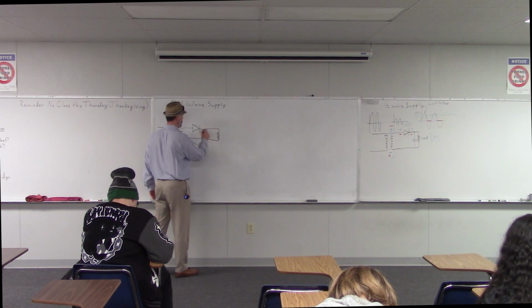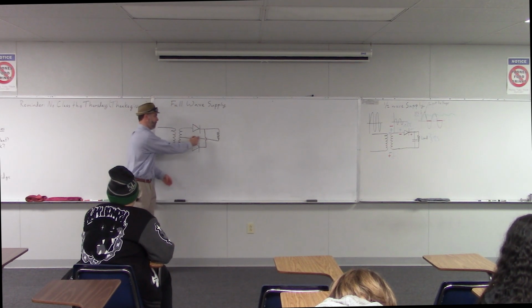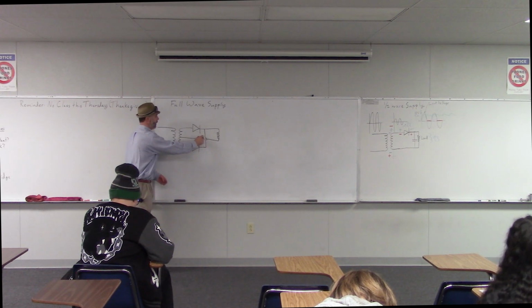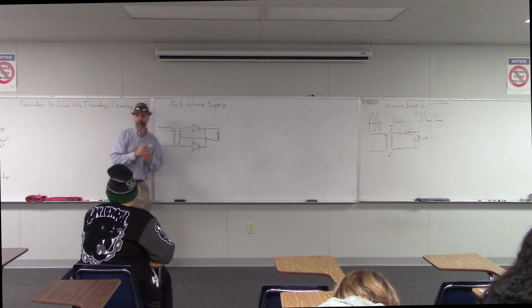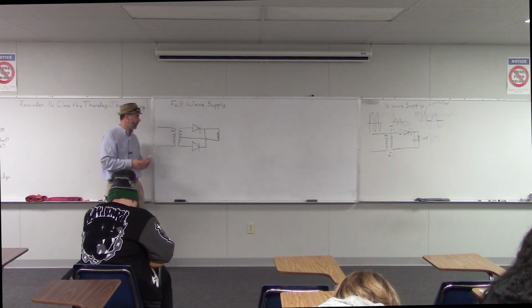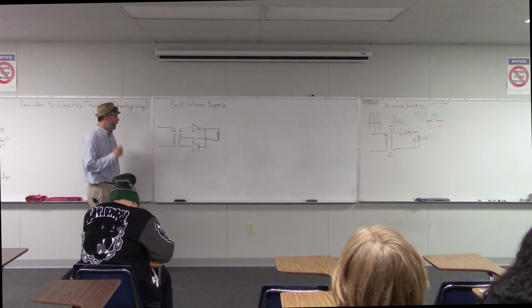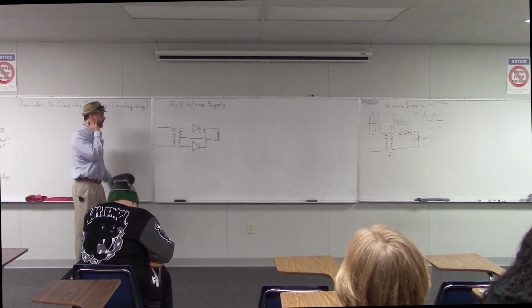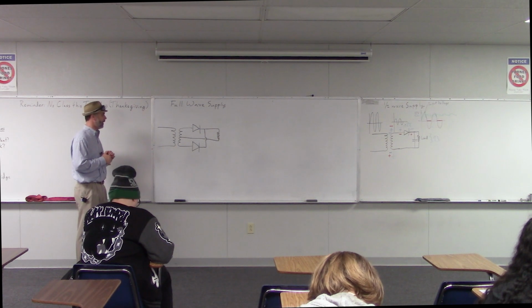It connects up here to the top wire. So this little curved bit means that those two wires that are crossing don't actually connect to each other. It's like one wire jumping over the other one. So this is the basic configuration for a full wave supply.